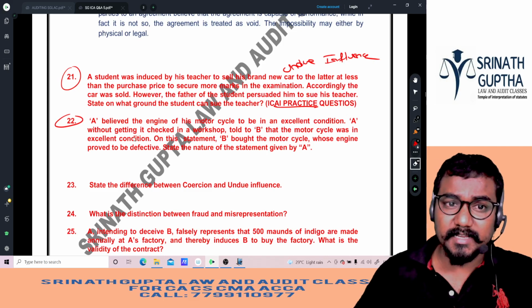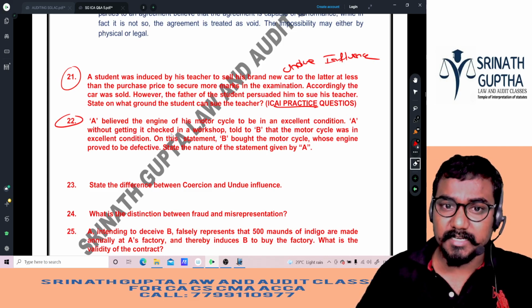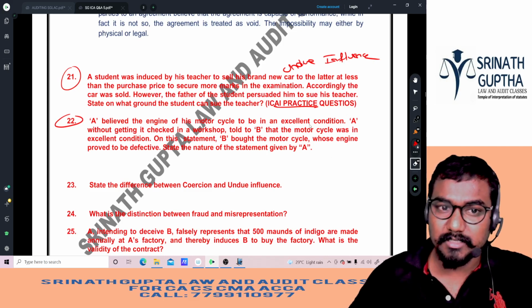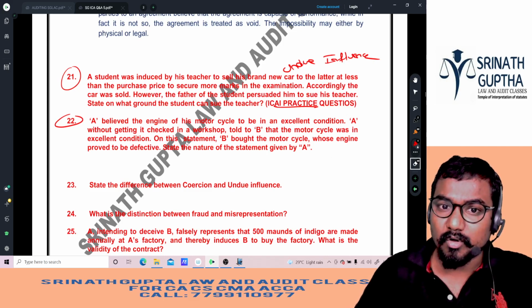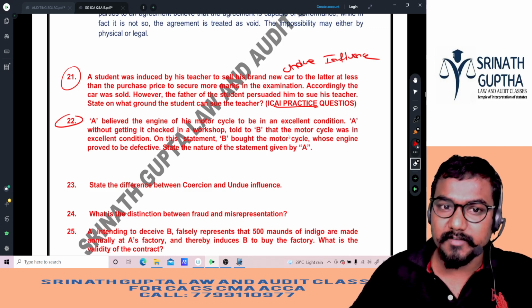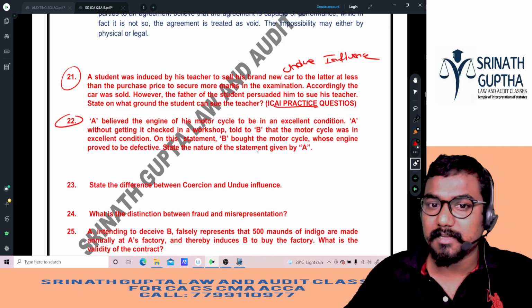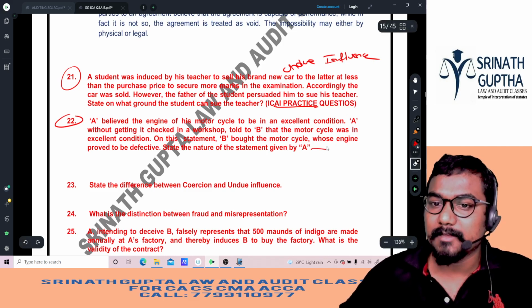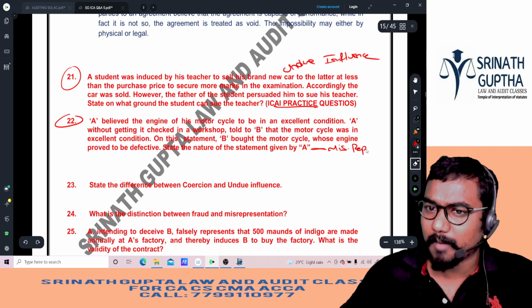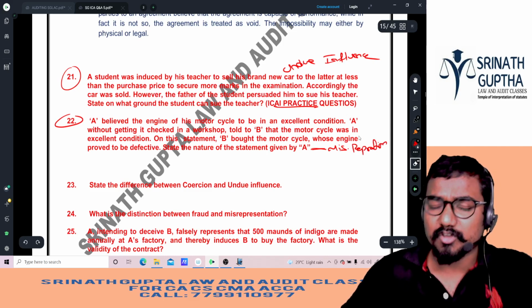A, without getting it checked in a workshop, told B that the motorcycle was in good and excellent condition. On that statement, B bought the motorcycle, whose engine was proved to be defective. State the nature of the statement given by A. Is it fraud or misrepresentation? Misrepresentation. If you are observing, this question is similar to that question only, beta.